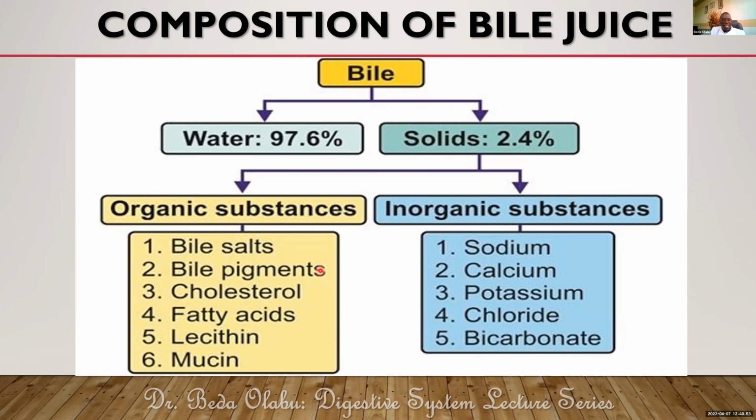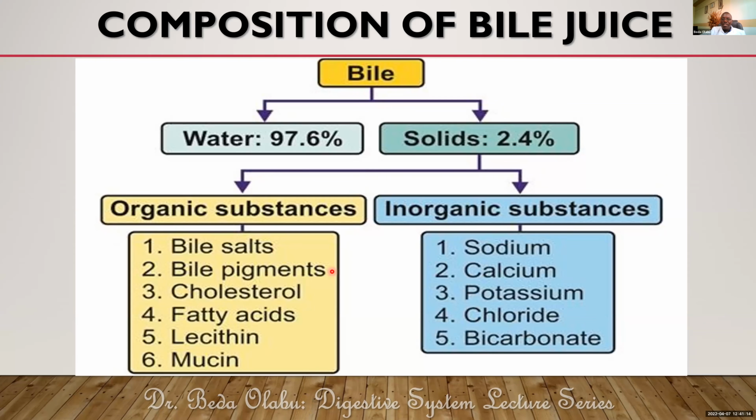With regard to the organic components, we have bile salts, which are usually from the circulation, but also formed by the liver from cholesterol, and bile pigments. The bile pigments here refer to the remnants of heme. When red blood cells are broken down, hemoglobin is broken down into heme and globin.